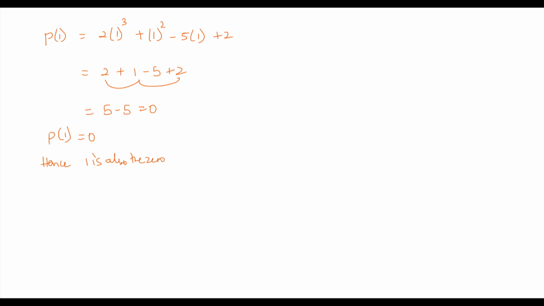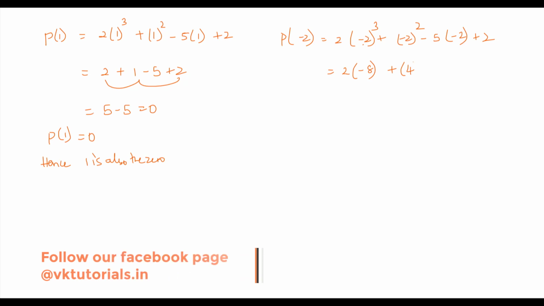Now let's do for p of minus 2. Therefore, you will get 2 of minus 2 whole cube plus minus 2 whole square minus 5 into minus 2 plus 2. That gives us minus 2 whole cube is minus 2 into minus 2 into minus 2, so it will be minus 8. 2 into minus 8 plus this will be 4.